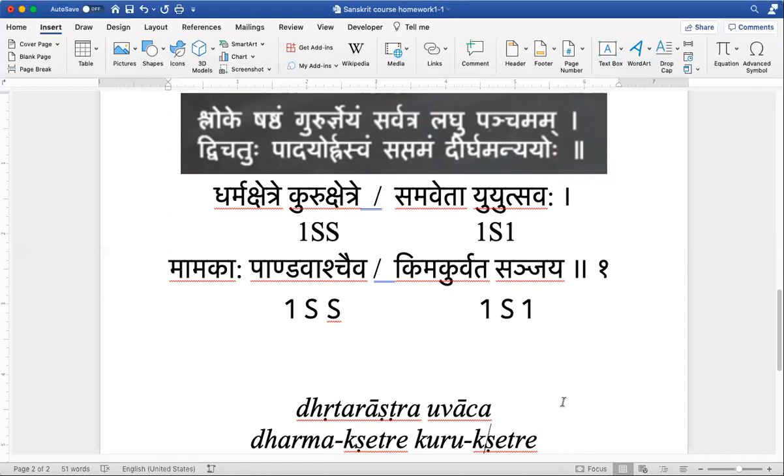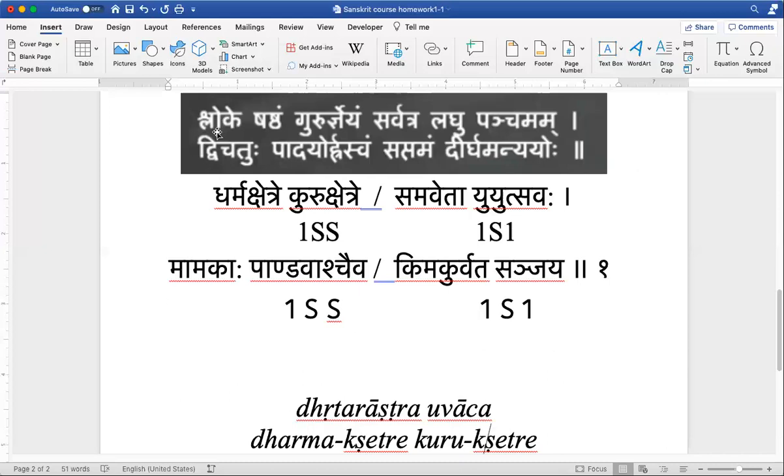If they match, then it is called Anustubh Chandas. So what is that rule? Let us see. This applies to all 646 verses of the Bhagavad Gita.